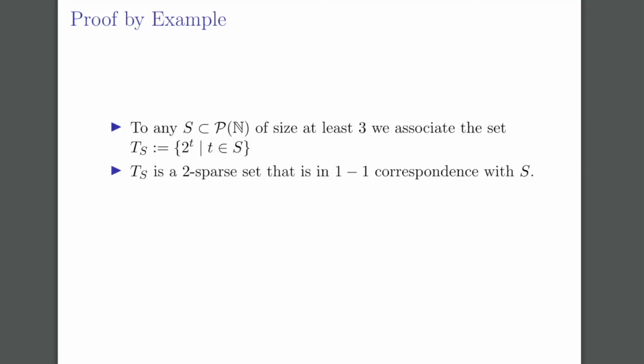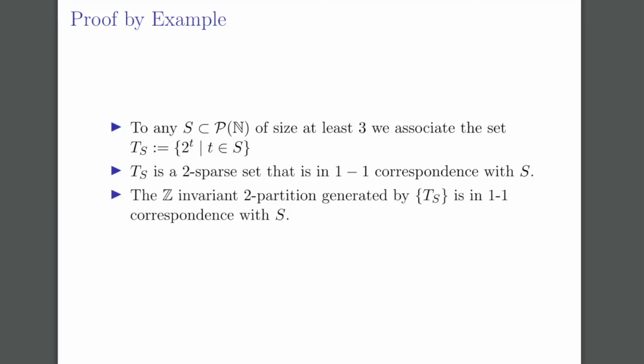So T_S is going to be a 2-sparse set. And it's in one-to-one correspondence with S, because clearly if you give me T_S, I can take logarithms and I can give you back S. But if we look at T_S now, it's too sparse, and clearly it's closed under translation, it can't intersect.